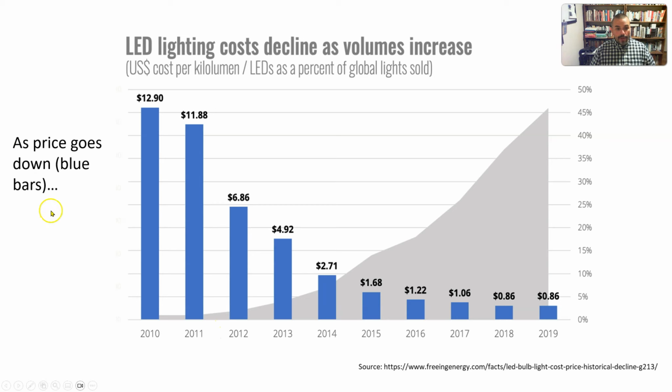Now the second part of the learning curve is that adoption, or people buying those light bulbs, increased more and more. So back in 2010 when LEDs were really expensive, most people didn't think that they were worth the cost. But a few people did find uses for them. Me and my partner were one of the early adopters of LEDs, and we bought a light bulb, I think for about $40 way back then.